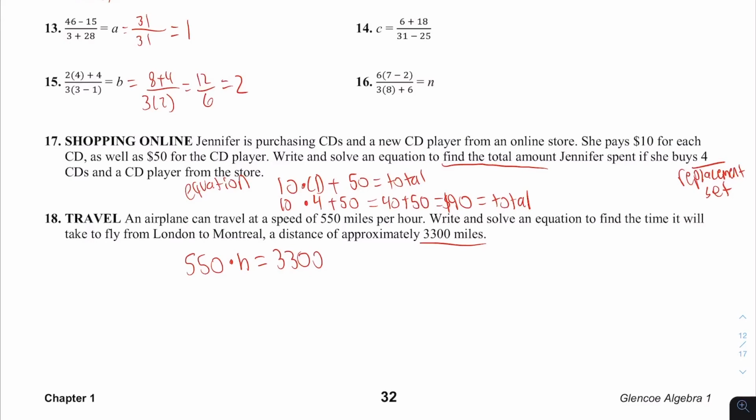There's our equation. And to solve it, we just have to see, well, how do you get rid of 550? This 550 is multiplying, so to remove it, we're going to divide. Do the opposite to solve for a variable.